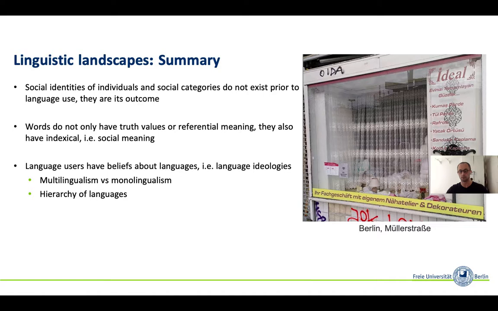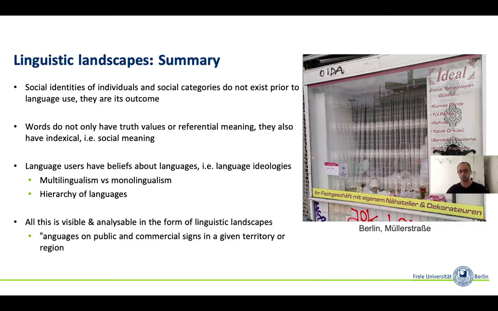So there is a certain hierarchy of languages. And all these things are visible and therefore also analyzable in the form of linguistic landscapes, of the official or private signage in a given territory, in a given city, in this case, in Berlin.